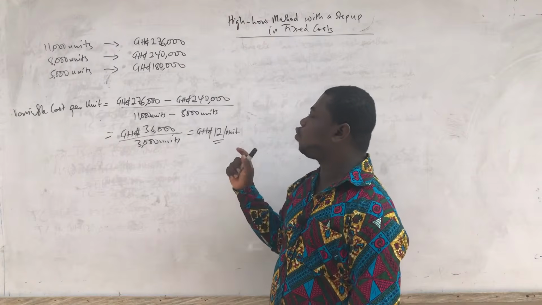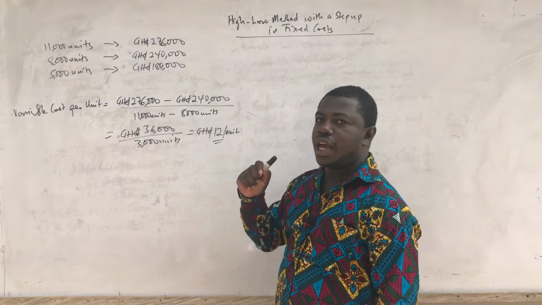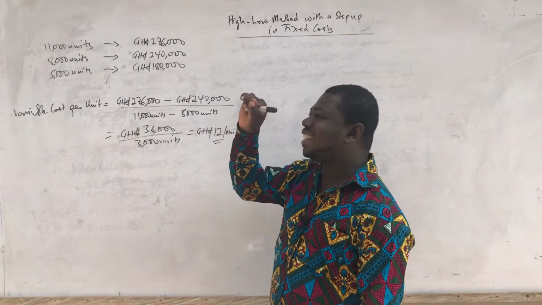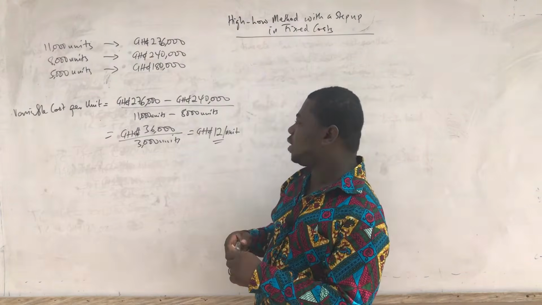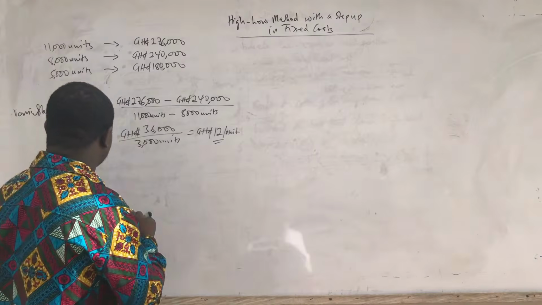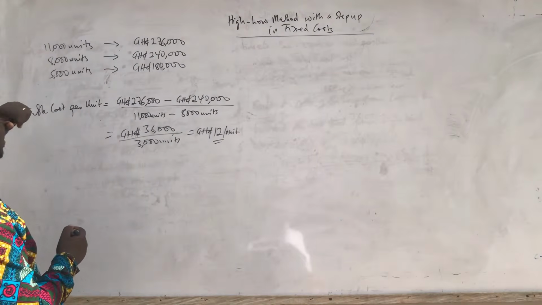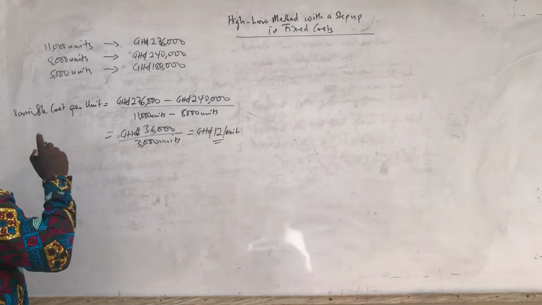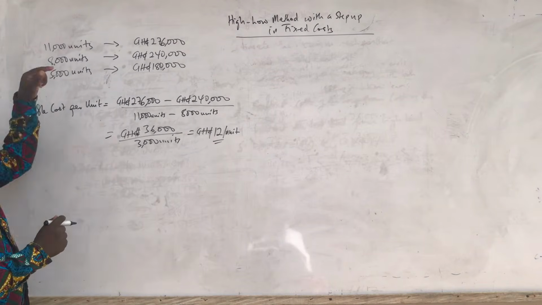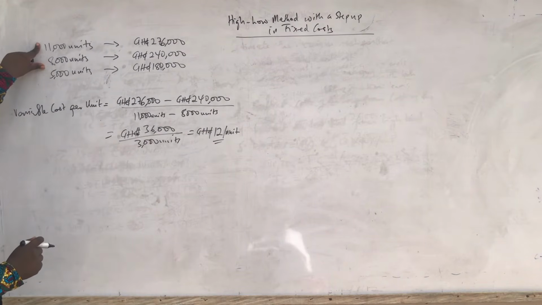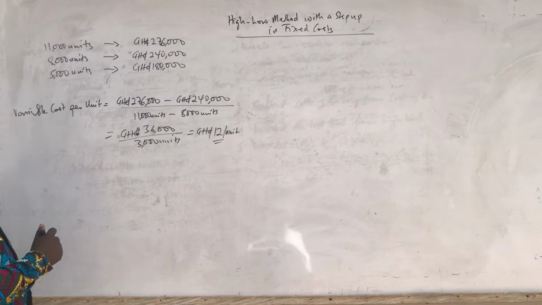So now that I have 12 cedis as a variable cost per unit, I can proceed to find that total fixed cost, which is the same. Once it's the same, I can find the total fixed cost, and so I can use any of the activity levels. So assuming I'm using the 8,000 units, I can use any of these two to find the total fixed cost, putting it into the total cost equation because they have the same fixed cost.